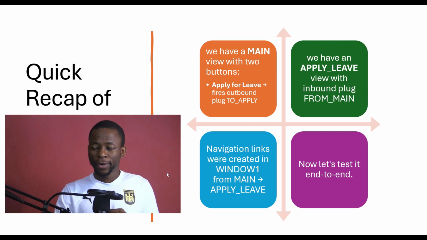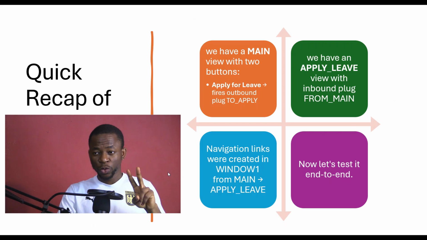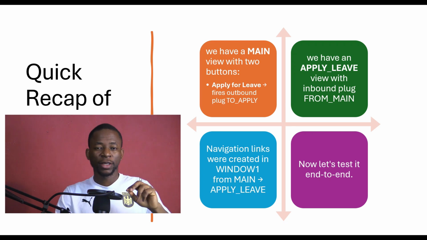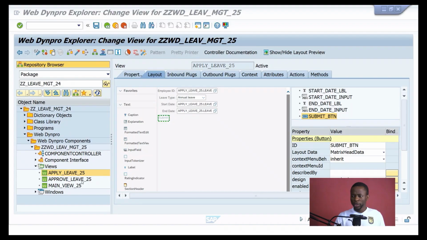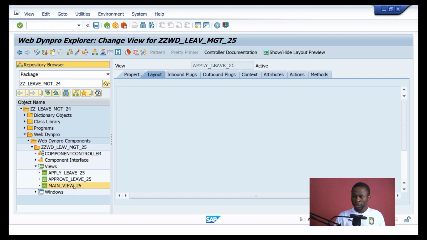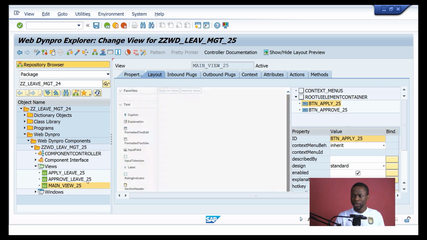So a quick recap is that we have the main view with two buttons, one for apply for leave, and the other button is to approve leave, which is right here. If we double click on the main view, you could see that we have the apply for leave button and the approve leave button.